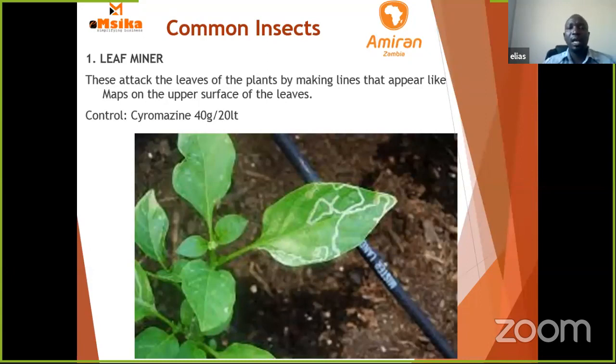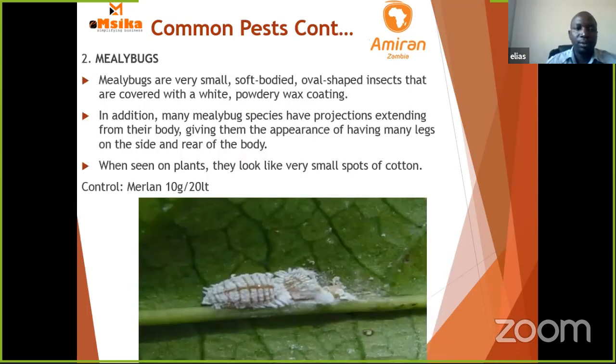The symptoms are markings like a map on the upper surface of the leaf. Once you see this kind of symptom, then you conclude this is a leaf miner. And it's treatable, it's controllable, and among other chemicals, you can use cyromazine at a rate of 40 grams per 20 liters of water. And this problem will be handled very well.